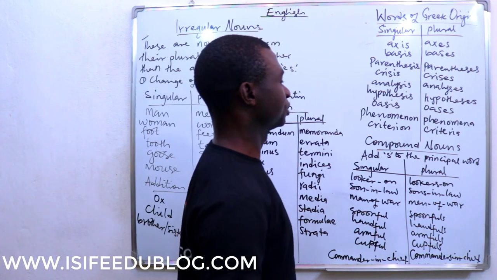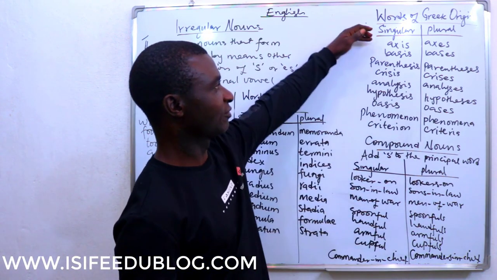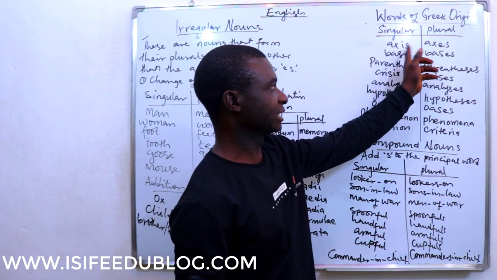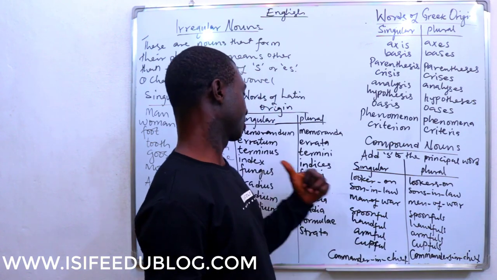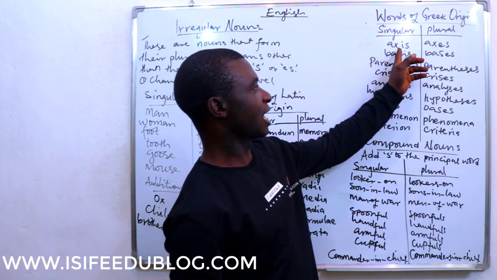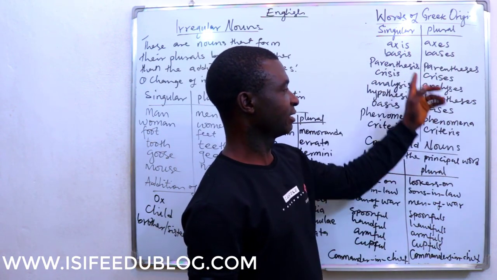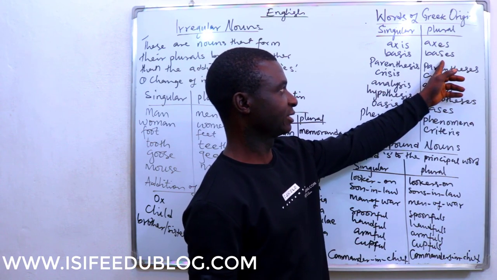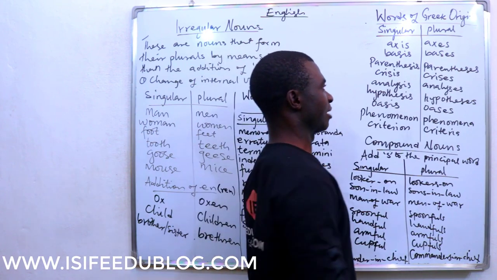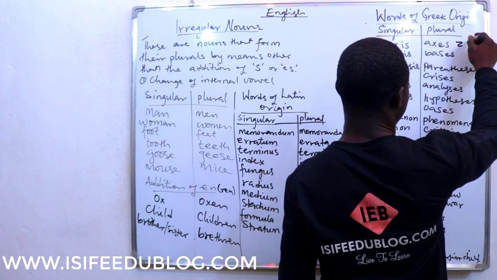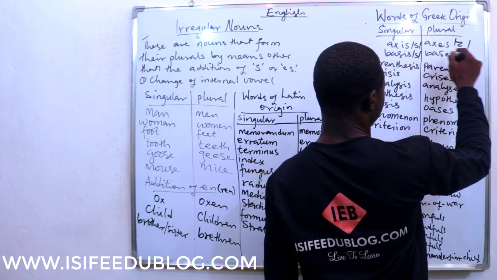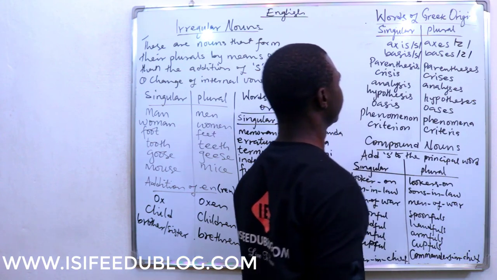Words of Greek origin also have their own ways. So we have axis for axes. So the I changes to E, just like you had a change of internal vowel in the first case. So axis for axes, basis for bases. When this E comes, the S here becomes realized as Z. It was S here, but here it becomes Z. Alright?